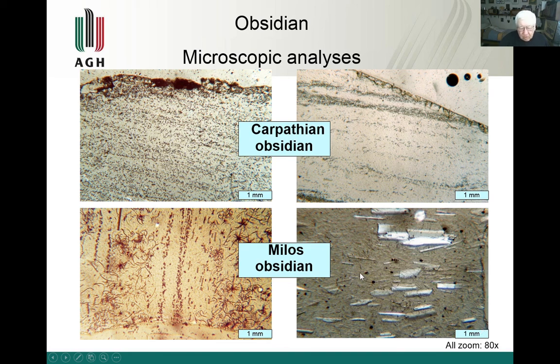Another type of obsidian from Milos, this obsidian where one can see in the structure small crystals of plagioclases, aluminium silicates, and because of crystallization during cooling of magma, these crystals of plagioclases are present in an orientated structure.